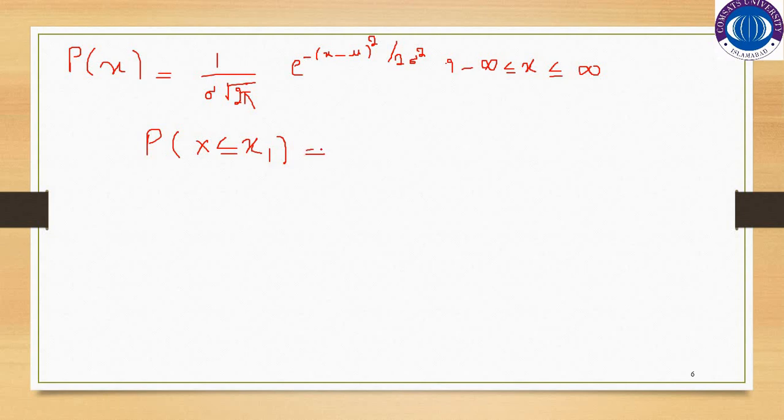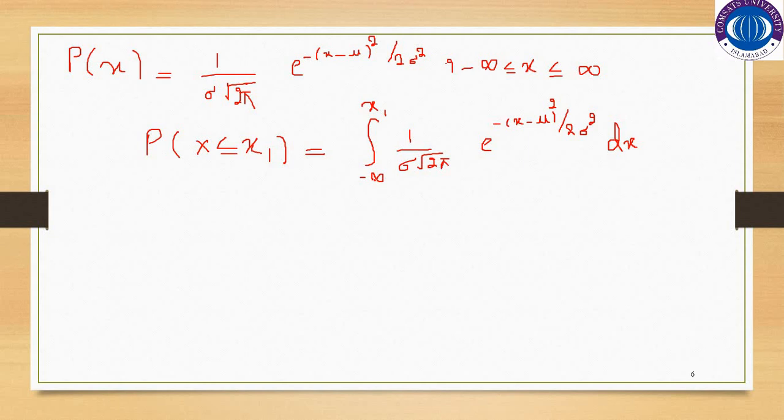So we will integrate this density function, which is 1 over sigma under root 2 pi, e raised to power minus (x minus mu) whole square over 2 sigma square, dx, where the upper limit is x1 and it starts from minus infinity.